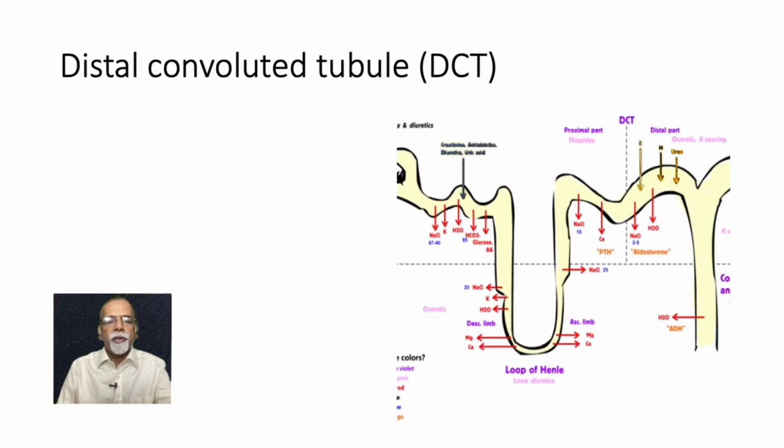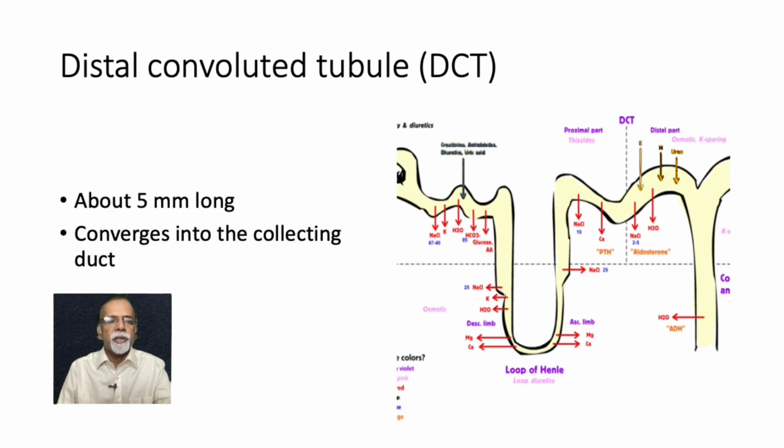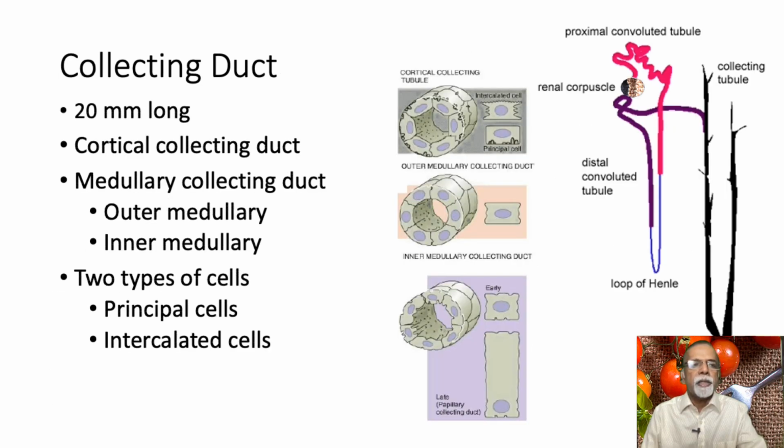And the distal convoluted tubule plays an important role in the excretion of acid and reabsorption of bicarbonate, and it converges into the collecting duct. It is about 5 millimeters long. The collecting duct is around 20 millimeters in length.